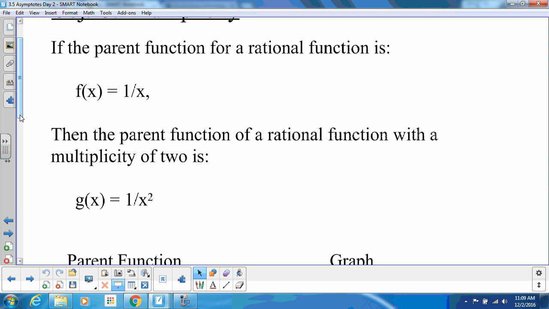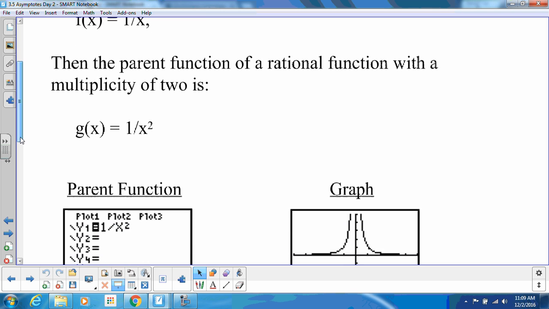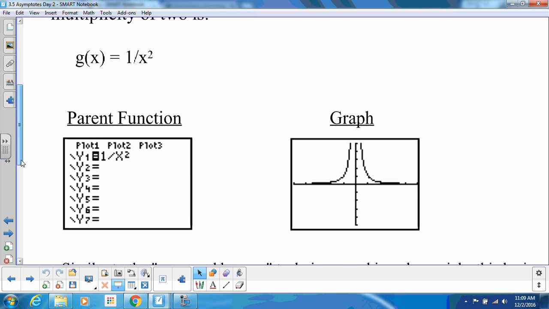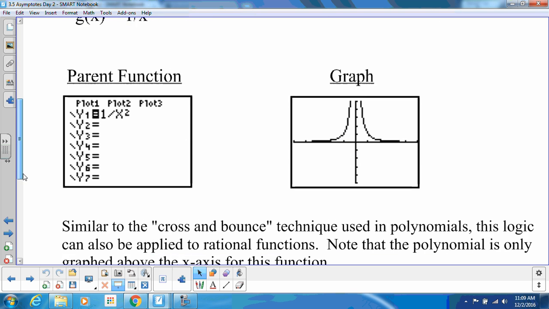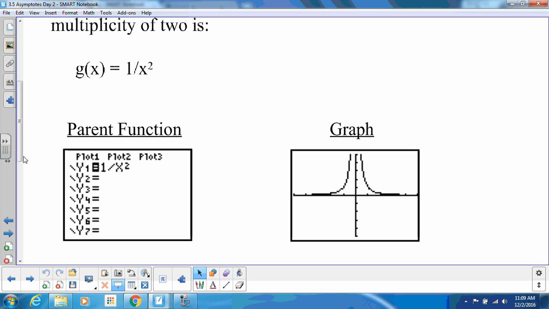I'll show you what it looks like. So you have your f of x. This is the parent function. This is the graph of g of x over here.